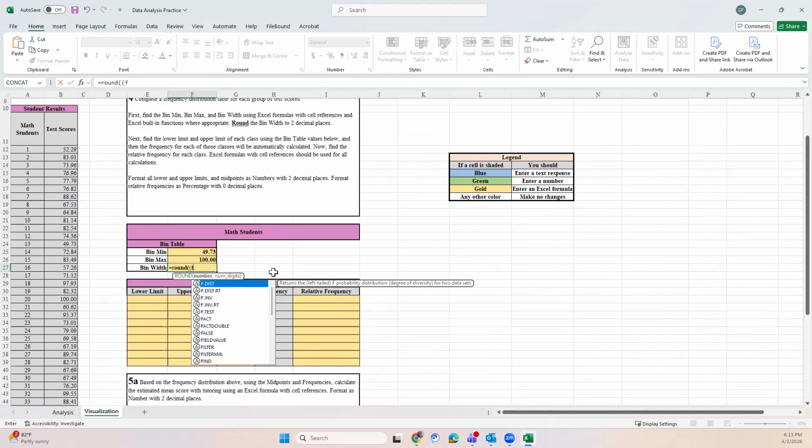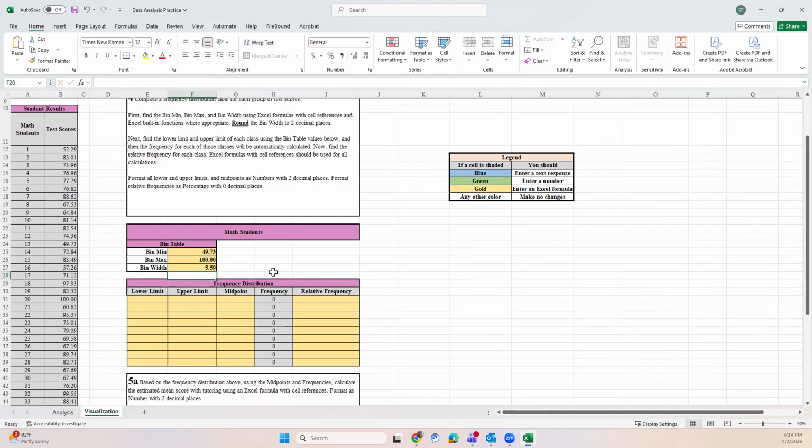I'm going to do F26 minus F25, close my parenthesis, divide by 9, and then I'm going to do a comma, and I need to do it to the number of digits. I want 2 decimal places because that's what it said. And then I close my parenthesis. And again, it will capitalize all of this if it wants it all capitalized. Much better.